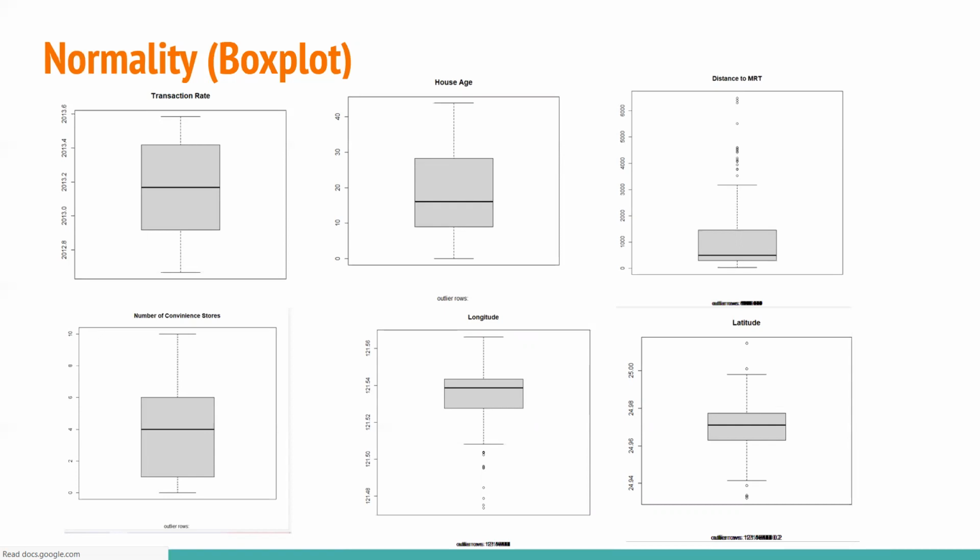Funny enough, for a model, we used the distance to the MRT, but it had a lot of outliers. And even though it had a lot of outliers, that's the one that yielded the best model. We also found out that the longitude and the latitude had a lot of outliers, and it's not exactly explained. The outliers are scattered around between the lower end and the upper end.